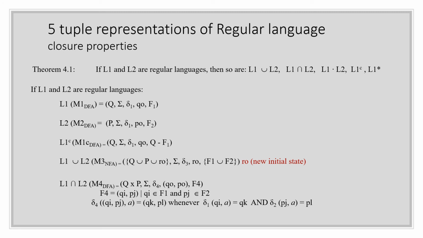And then the transition functions are going to be the combinations from the combined states. So with an A, you're going to go to the combined state. If you take a look at this, this is exactly what we just did, only it's written out as the new 5-tuple and the explanation for the intersection of two regular languages, and regular languages are closed under these operations.